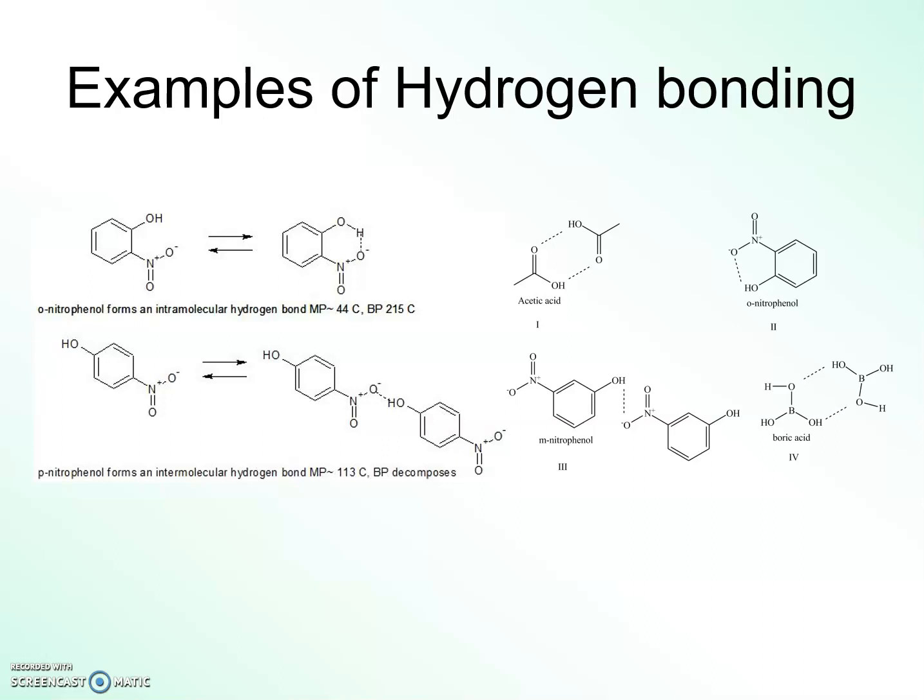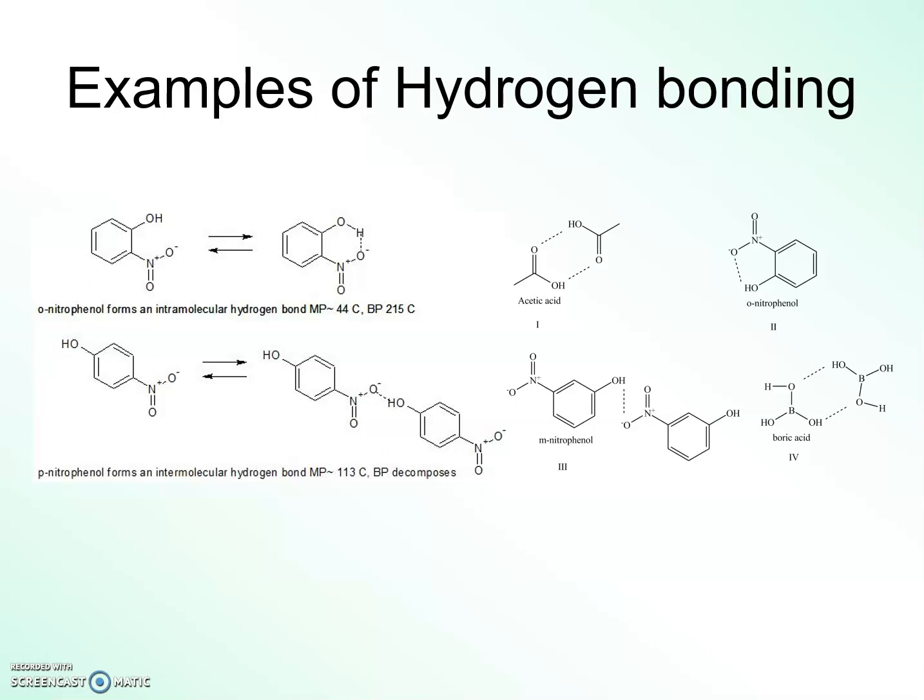Whereas for the intermolecular hydrogen bonded paranitrophenol, the melting point is 113 degrees Celsius. This huge difference in melting point is due to the presence of intermolecular bonding, because in order to break the intermolecular hydrogen bonding, energy equal to 113 degrees has to be provided to make it discrete molecules.